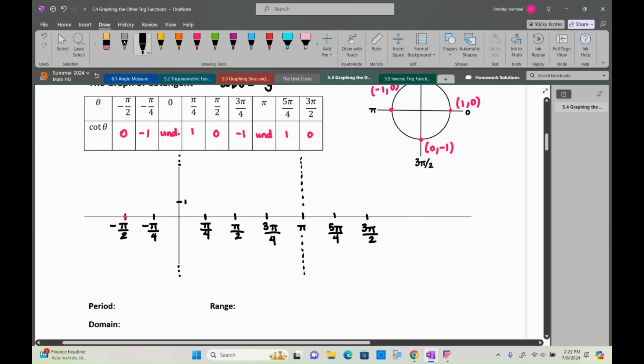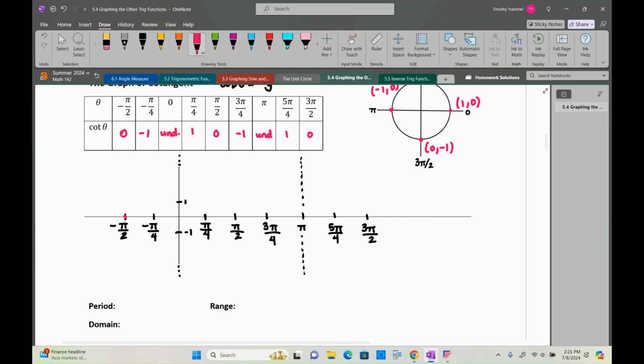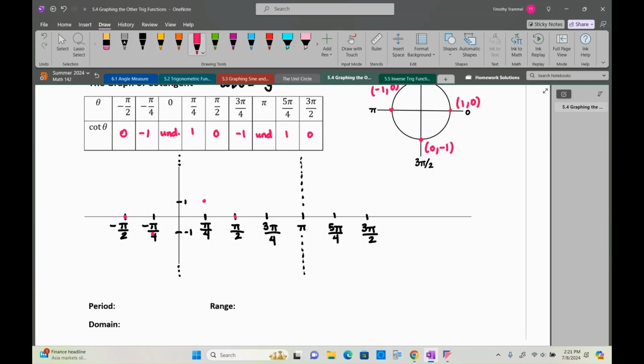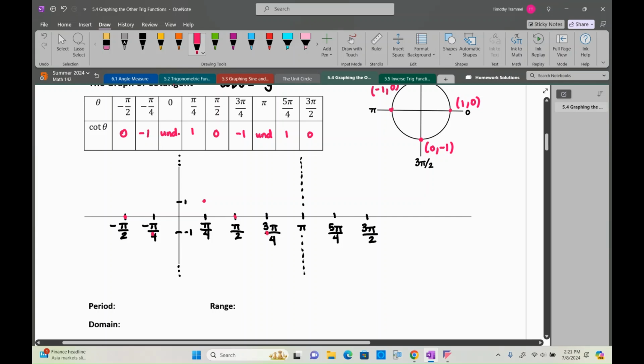I need a 1 and a -1. There we go. So at minus pi over 4, y should be -1. At pi over 4, y should be equal to 1. At pi over 2, y should be equal to 0. At 3 pi over 4, it should be -1. 5 pi over 4, it's back up to 1. 3 pi over 2, back down to 0.